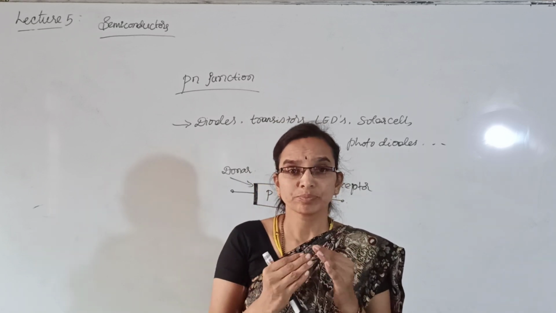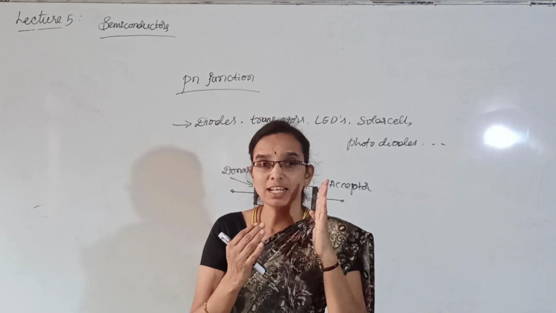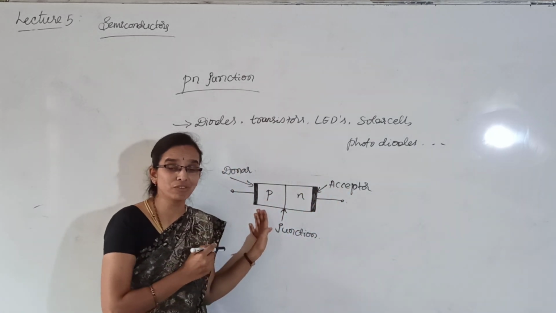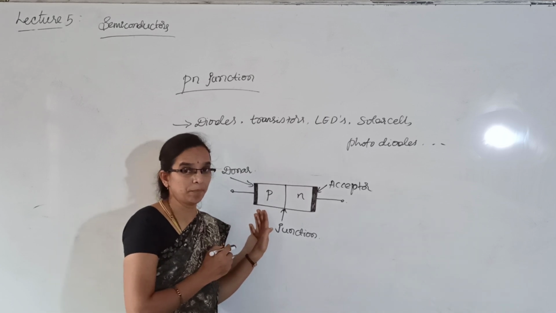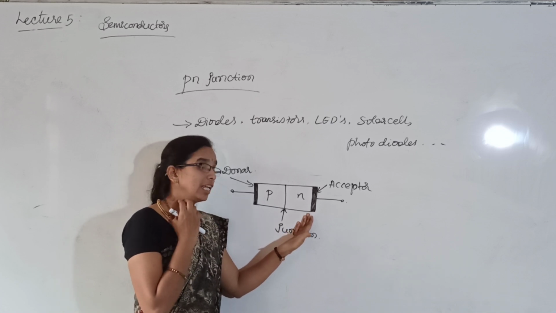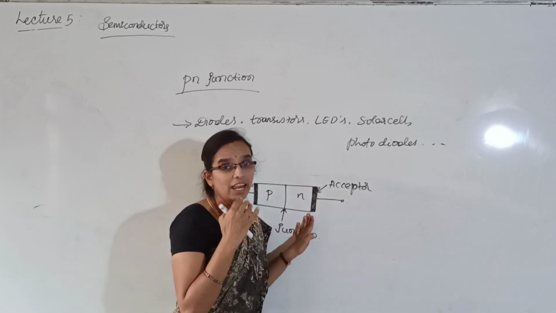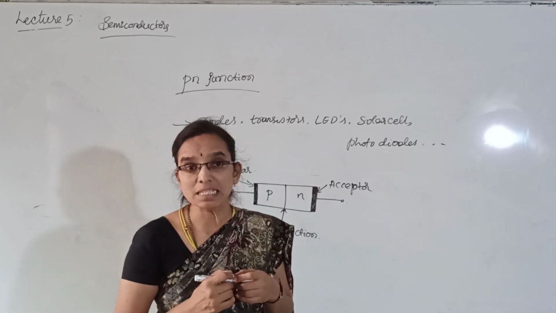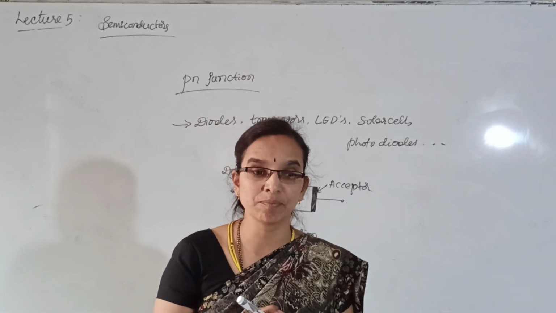What happens? Here on the left side there will be a concentration of holes or more, whereas in n-type semiconductor there is an excess of electrons you can expect. What happens? A concentration gradient occurs.